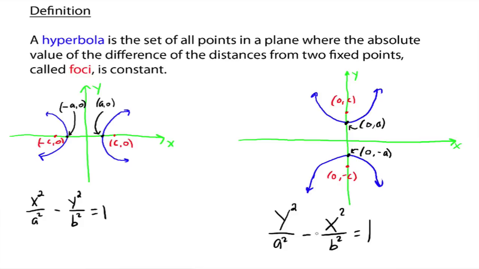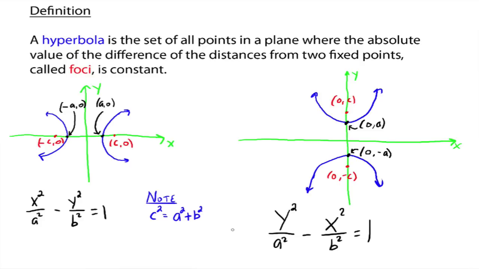If it's x squared minus y squared, then you have a horizontal transverse axis. And if it's y squared minus x squared, you're going to have a vertical transverse axis. Make note that c squared this time is going to be equal to a squared plus b squared. I'm not taking the time to derive the equations for the two hyperbolas, nor am I deriving the formula for c squared, but you all could find that in your book.